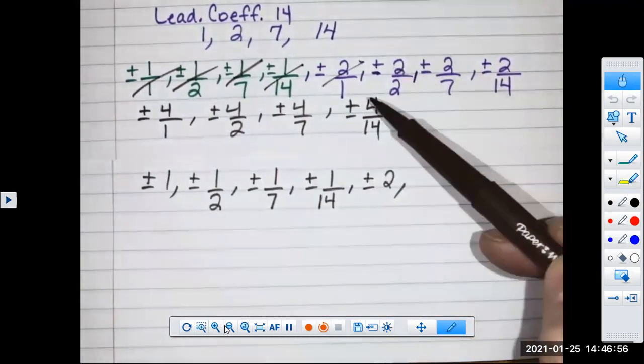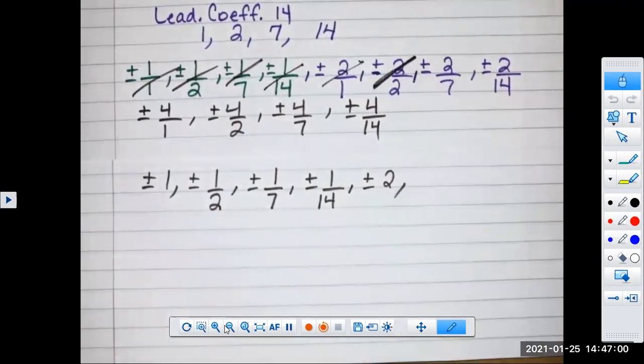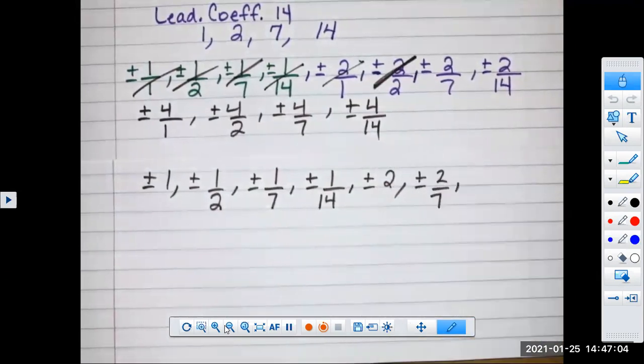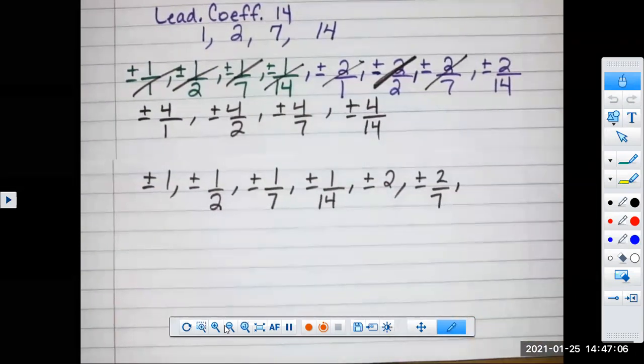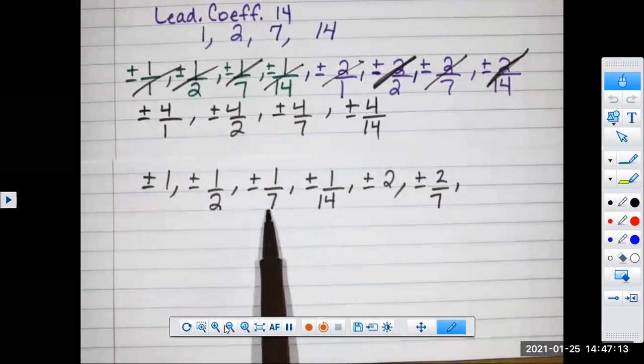See, here I get 1 again, so I don't have to write it again. Positive, negative 2/7. And 2/14 reduces to what? 1/7, and you've already listed that, so you don't have to write that again.